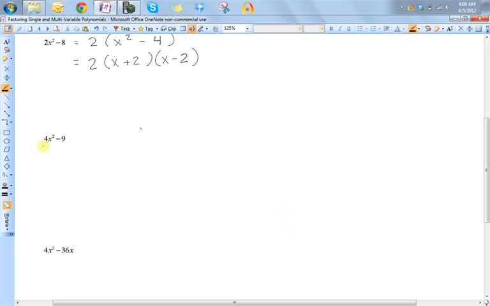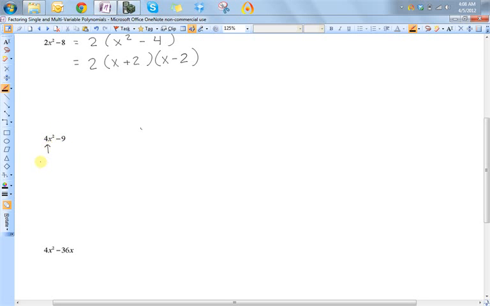Okay, as soon as you see two terms, you want to ask yourself, is this a difference of two squares? So there's no greatest common factor, so we're going to go ahead and jump to that. There's a minus here, so odds are it might be a difference of two squares. So you ask yourself, can this be written as something squared? Can this be written as something squared?